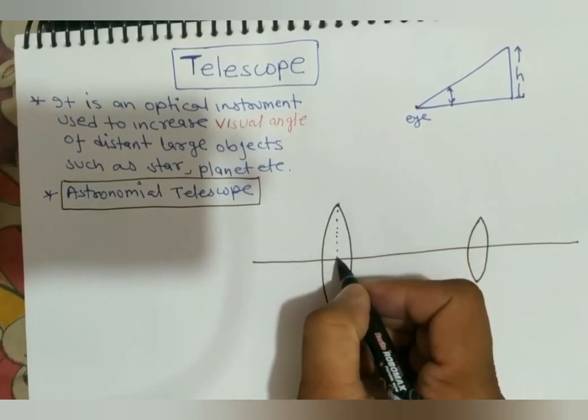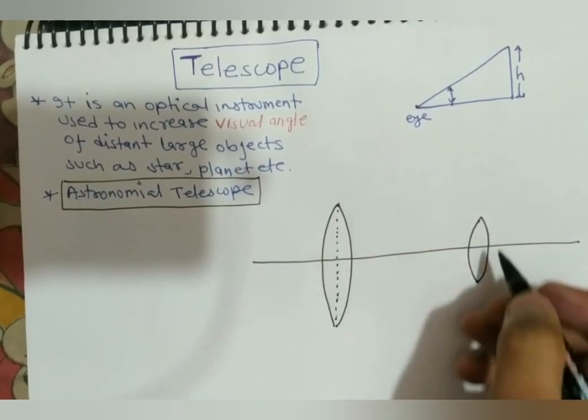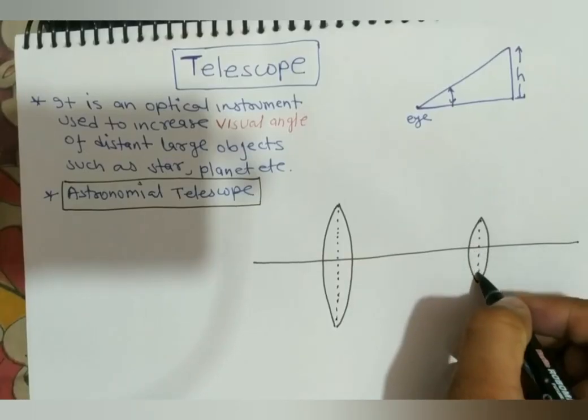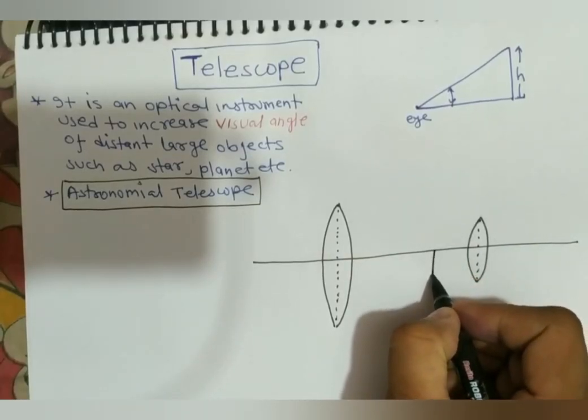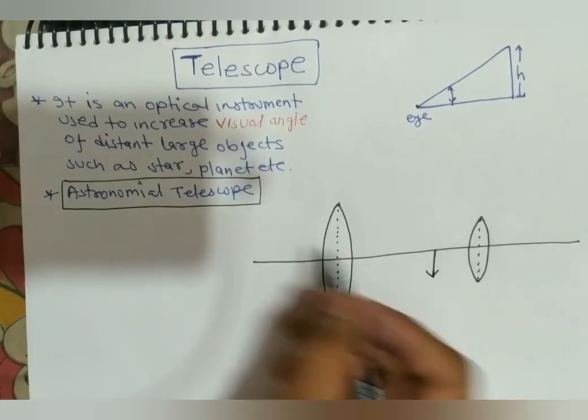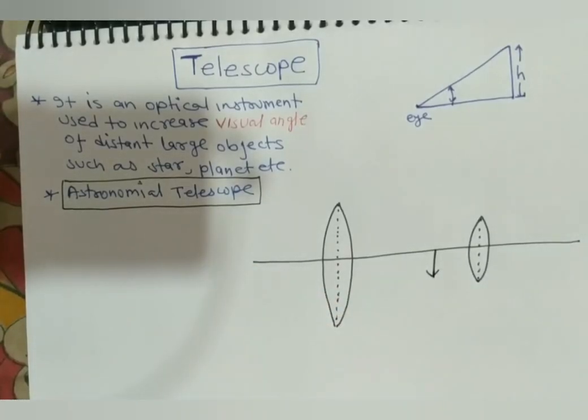As we know, to draw the image, first draw the image and then redraw the ray diagram.